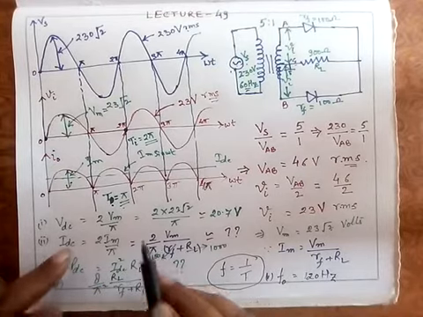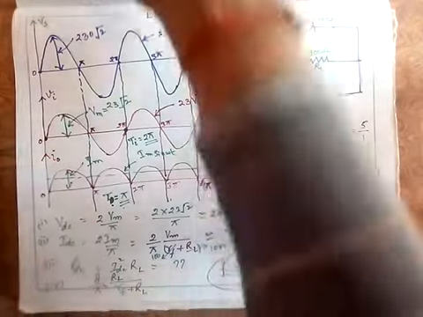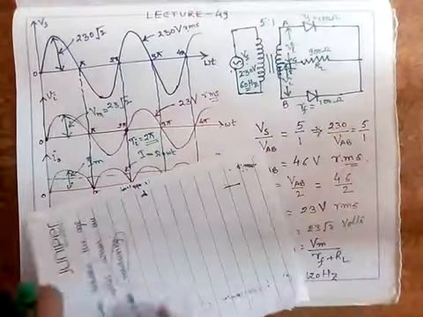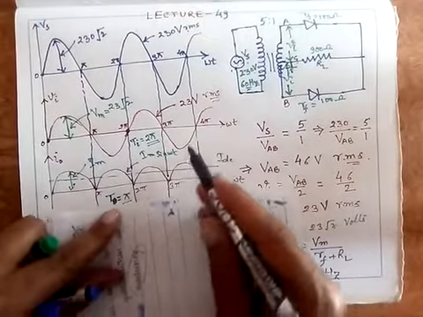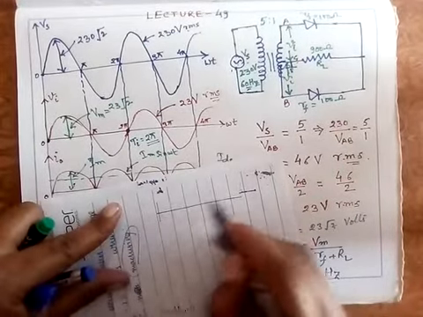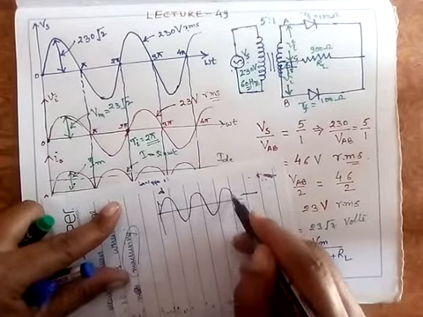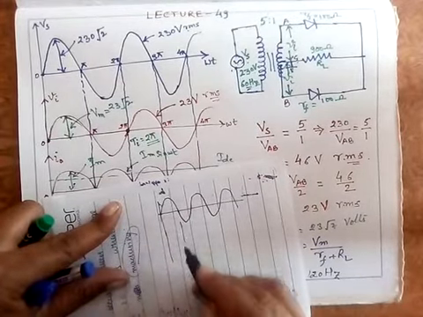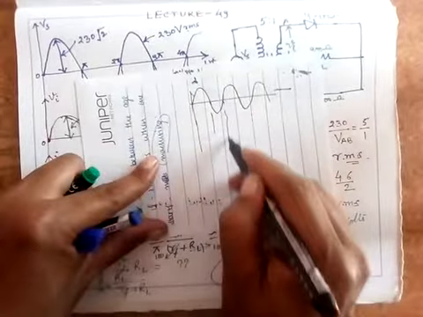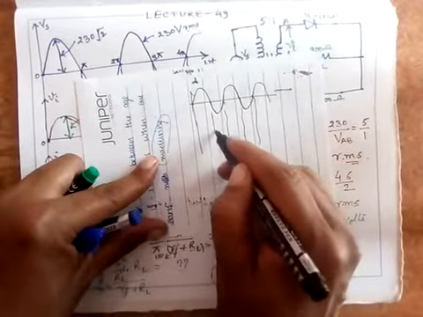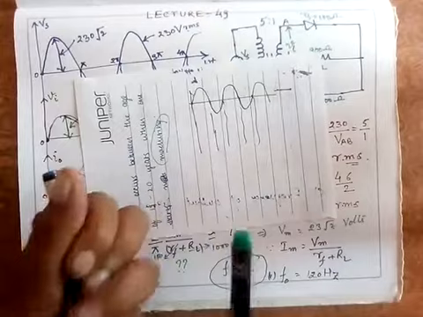On the other hand, had it been a half wave rectifier, although it is not asked, if this is the input signal, the output of a half wave rectifier is like this.